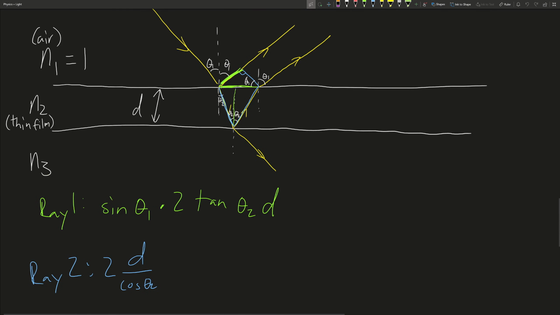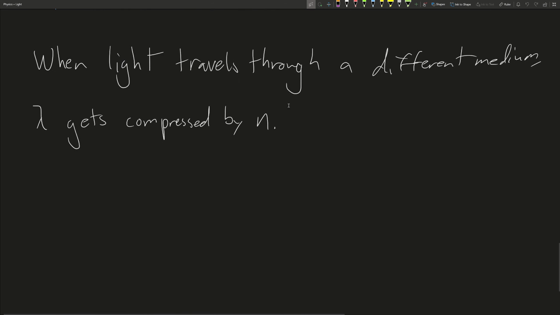But if the wavelength in this material is shorter than the wavelength in air, then we need to scale it back up so that their wavelengths match again, so we can compare them correctly.